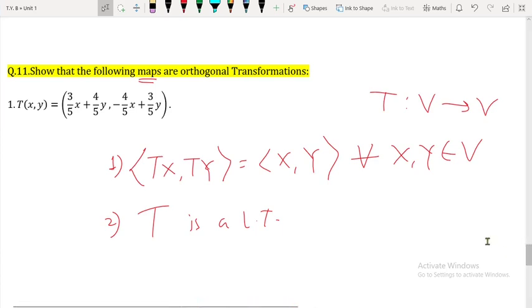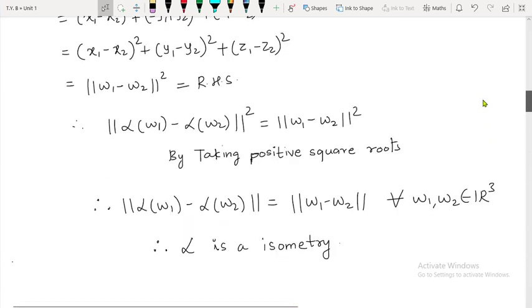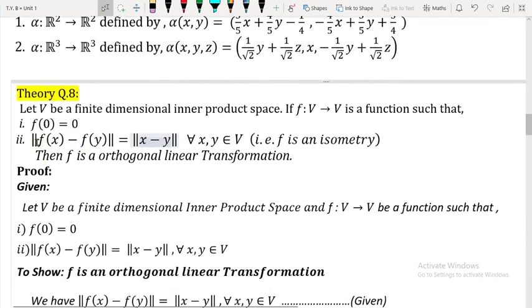So now if we are able to prove these two conditions, what are the conditions of our theorem? Yes, so first one is, now over here the notation f is used for function, but in our example it is T. So if we are able to prove T of 0 is equal to 0, and the second thing is, if we are able to show T is an isometry, then we can directly say that T is an orthogonal linear transformation.